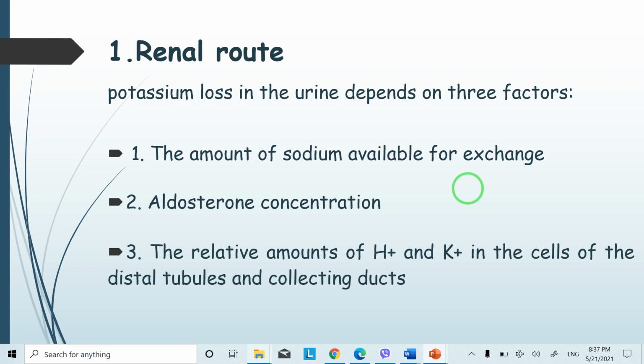It depends first of all on the aldosterone that favors the reabsorption of sodium in exchange for potassium, and on how much sodium is available for the exchange, and the relative quantity of both hydrogen and potassium for the exchange. So the first controlling mechanism that maintains the potassium within the normal reference range is the kidney.